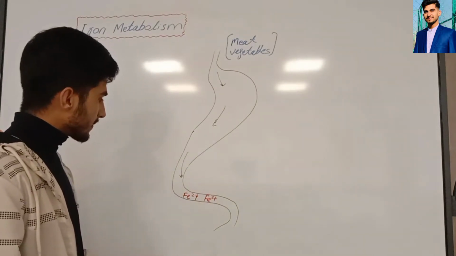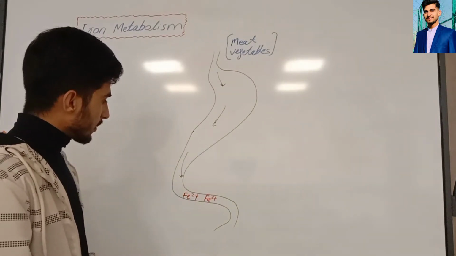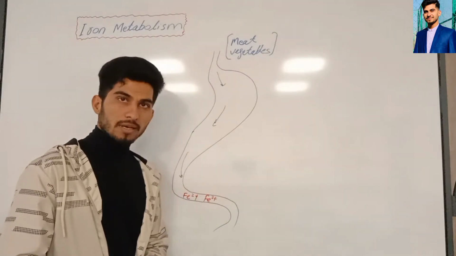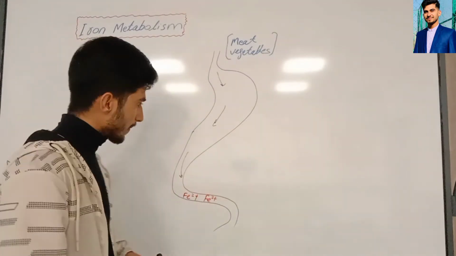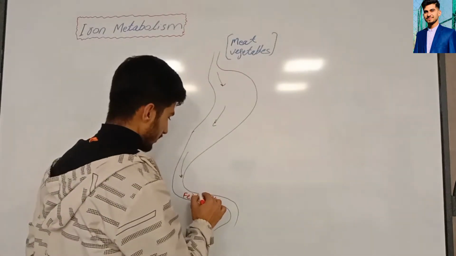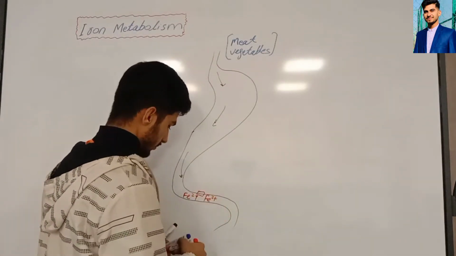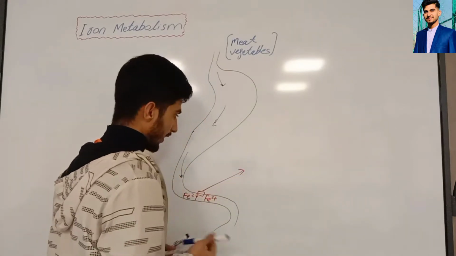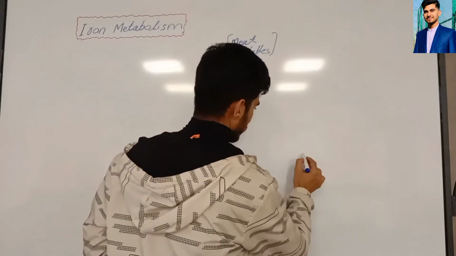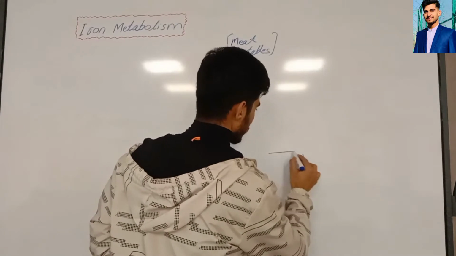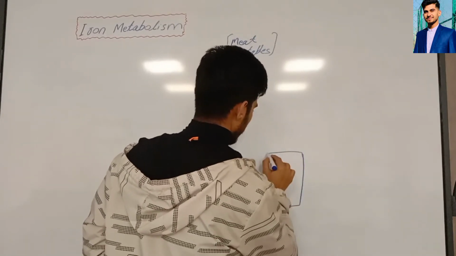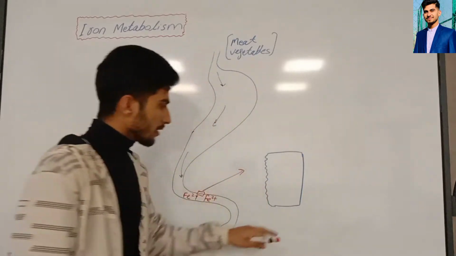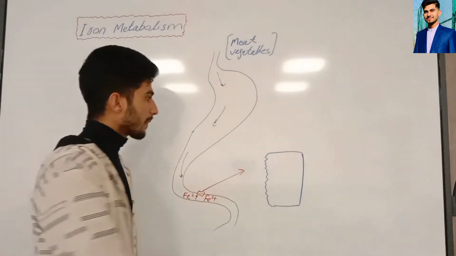As we have discussed, the duodenum contains absorptive cells known as enterocytes. So this is one enterocyte cell.